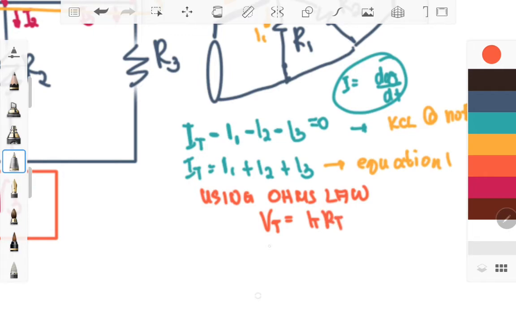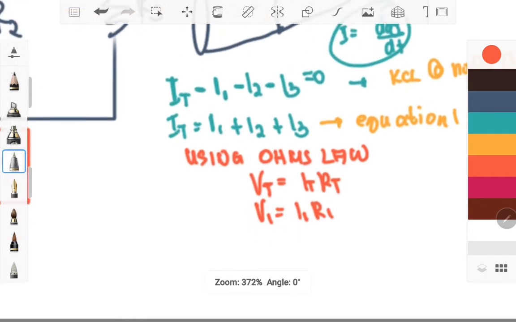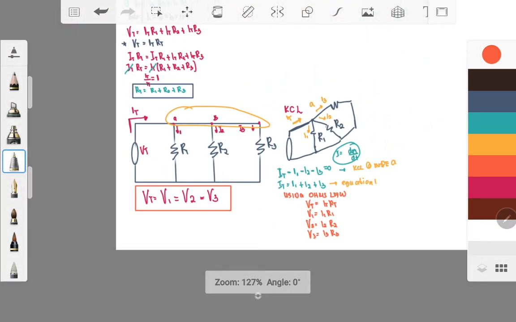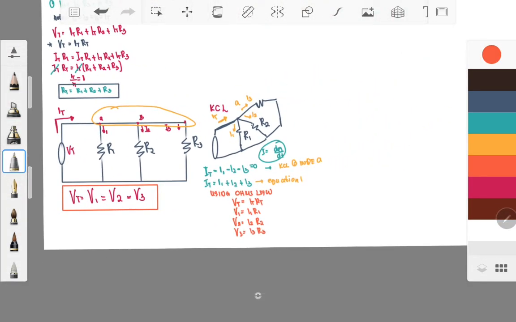And also, V1 is equal to I1 multiplied by R1, and V2 is equal to I2 multiplied by R2, and V3 is equal to I3 multiplied by R3. Right? So, using this principle, we may derive the formula for your parallel connection.